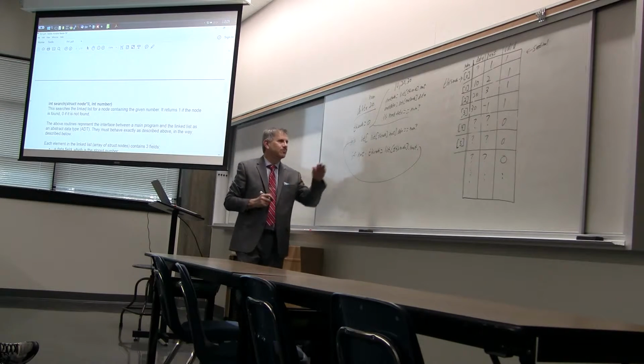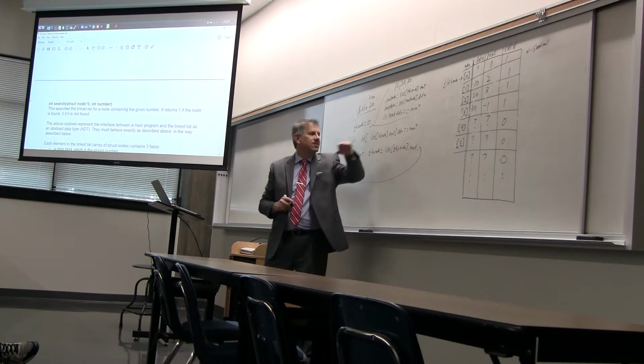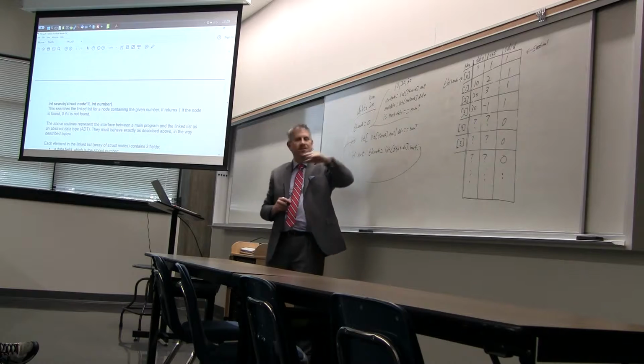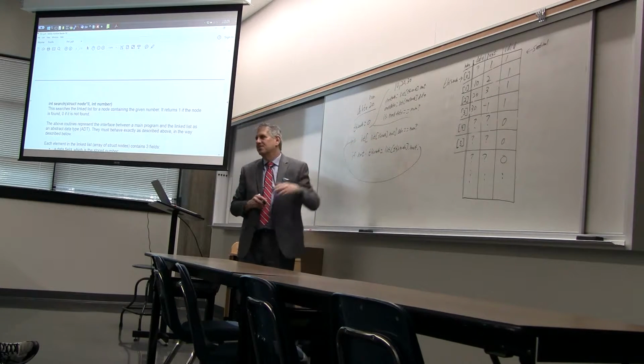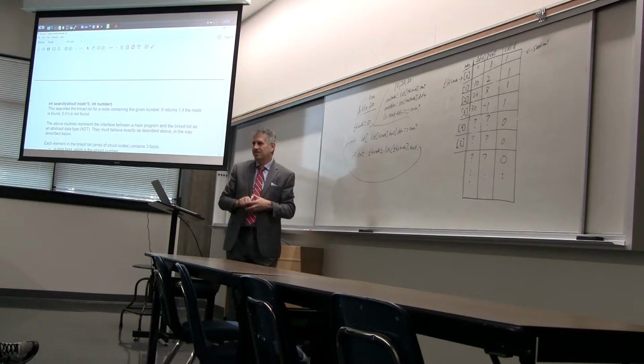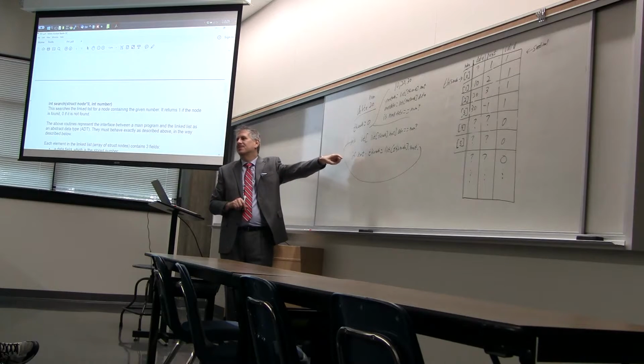So that's a while loop. While all of this stuff is not equal to the number you want to delete, set this node equal to the next node. And that'll spin until you eventually get to a place where the next node's data is the one you want to delete. Again, if you aren't sure that your number is actually in the list, you need to check for that in here.